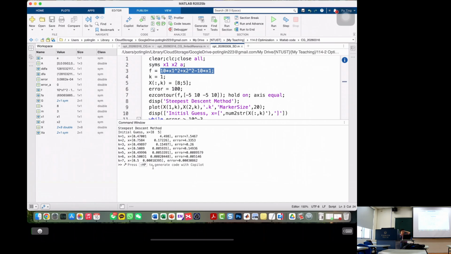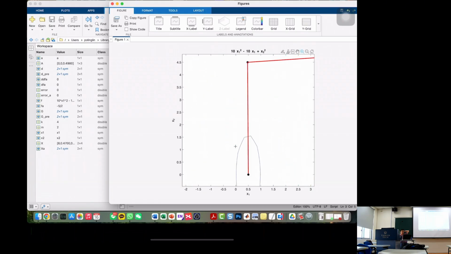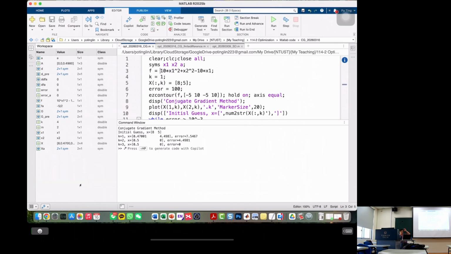Totally 7 iterations. But if I use conjugate gradient, right at the second iteration, right here, it didn't zigzag anymore. It moved toward a pretty nice direction.